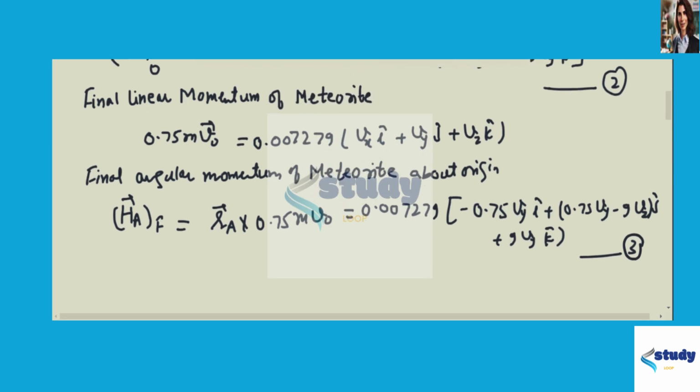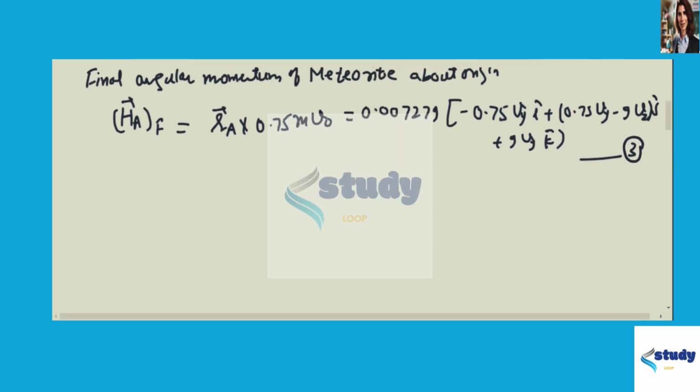Initial momentum of the probe, m dash v naught dash, is 0.